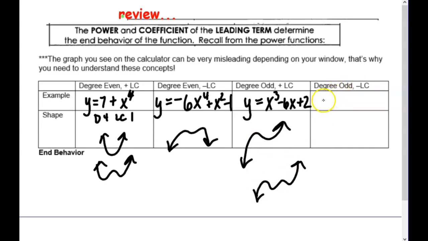If it has odd degree with a negative coefficient, like negative 2x to the fifth plus blah, blah, blah, then the left end would be up and the right end could be down, no matter how many loop-de-loop. That can't be pointy. Sorry, that's a bad picture. Let's just erase that. Okay, left end up, right end down. Does that feel like we're comfortable with that already? I hope. That's a big part of the lesson today, okay?